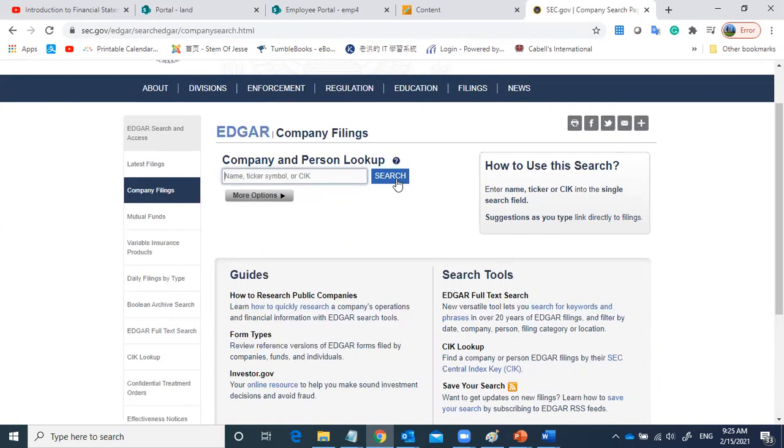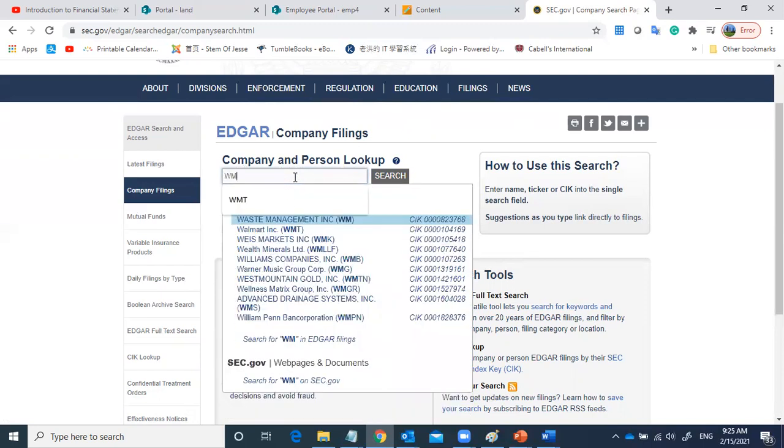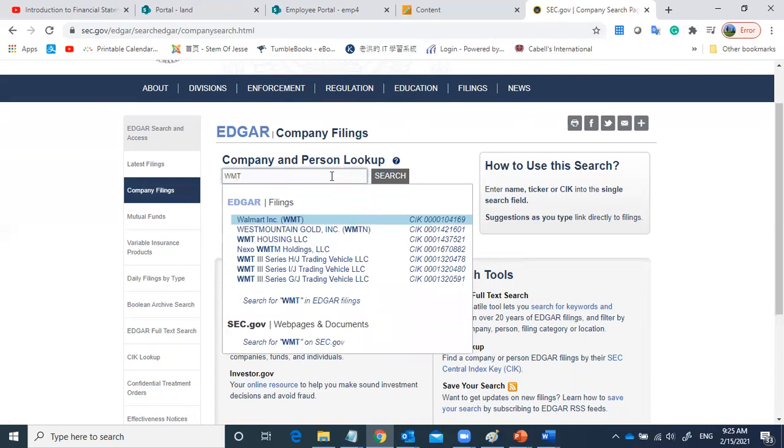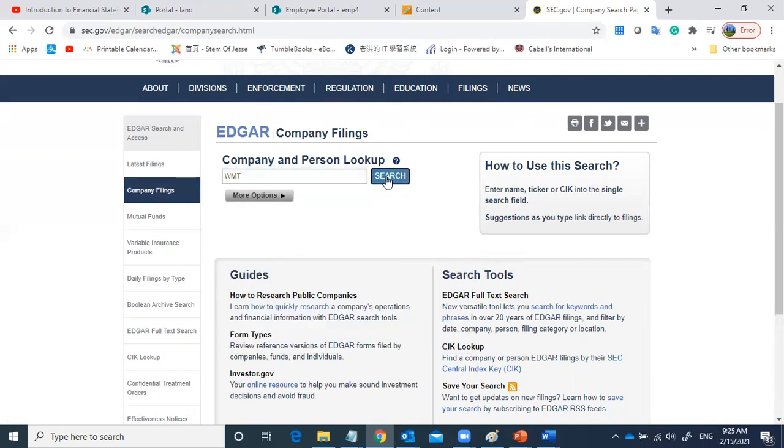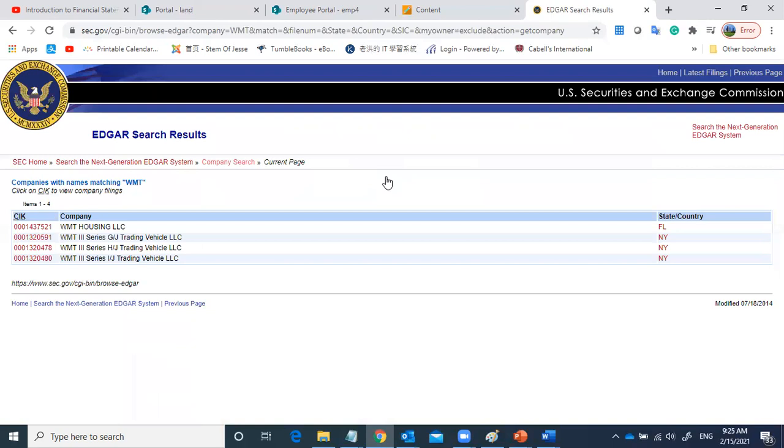Let's say we look for a company, whatever company you want. Let's say looking for Walmart. You can type Walmart and you can see several results coming out.